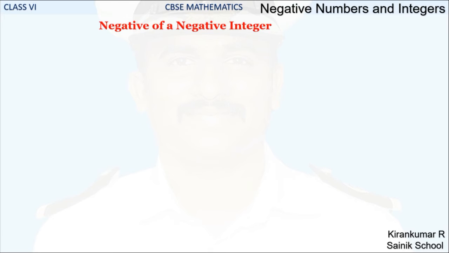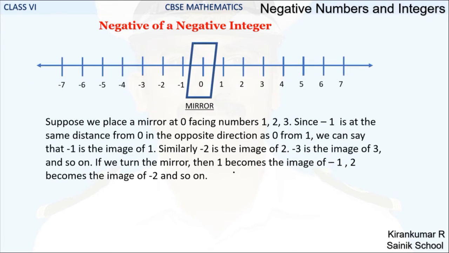Let's learn the negative of a negative integer. For that, I'll consider a number line and place a mirror at 0. Suppose we place the mirror at 0 facing the numbers 1, 2, 3, and so on.